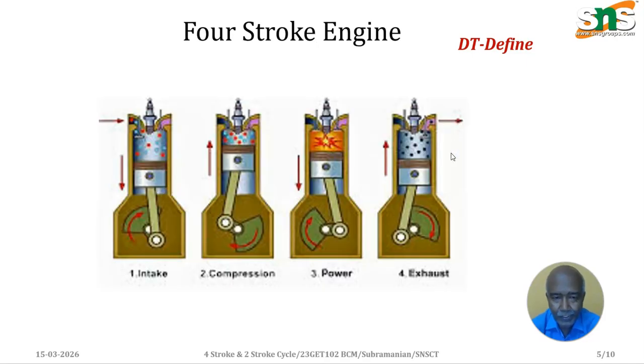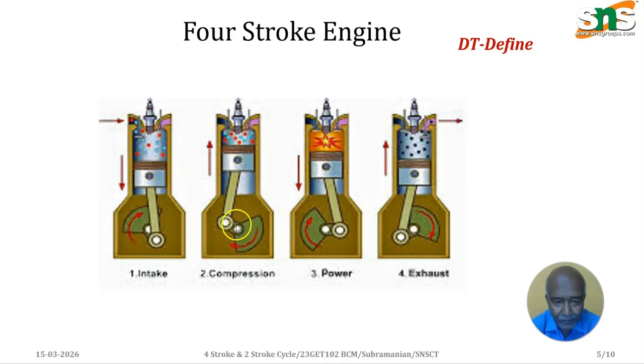This is one of the 4-stroke engines. So in detail, we see about the 4-stroke engines. As already informed, there is an intake stroke where air will be let inside the cylinder to a certain level, when the piston moves from the TDC to BDC.